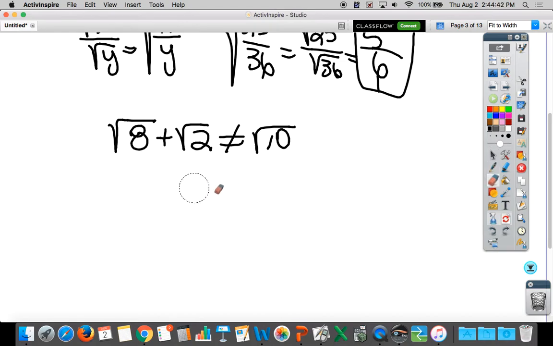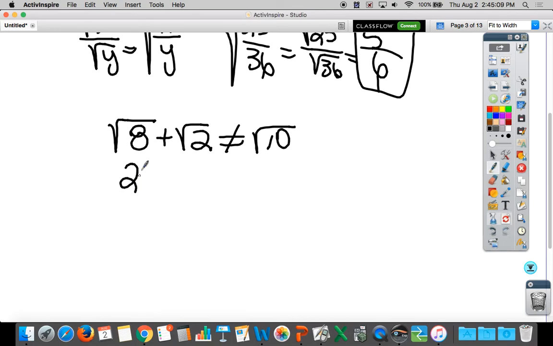But what I have to do is if I can simplify this to give me a square root of 2, then I can. Can square root of 8 be simplified? What is it? You do it on your calculator. 2, no, the square root of 8 is not 4. 2 square roots of 2.